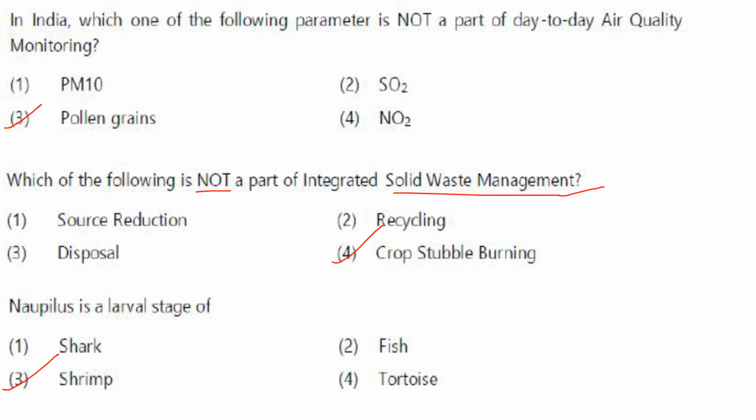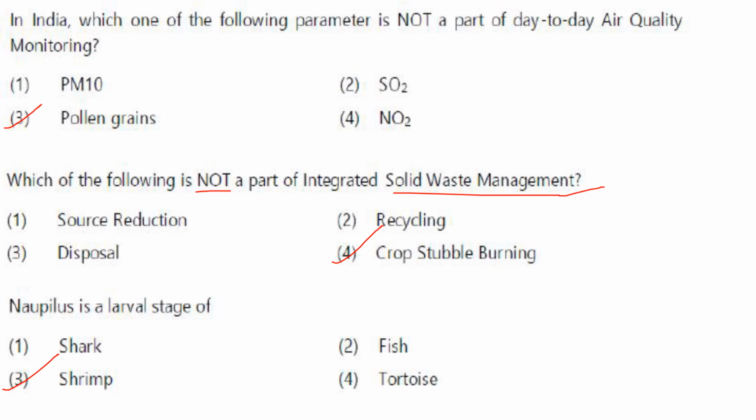That is disposal. Crop stubble burning, it is an agricultural practice that involves burning crop residues, that is stubble, to clear the fields. It is related to agricultural waste management and not integrated solid waste management. So crop stubble burning is not integrated solid waste management.